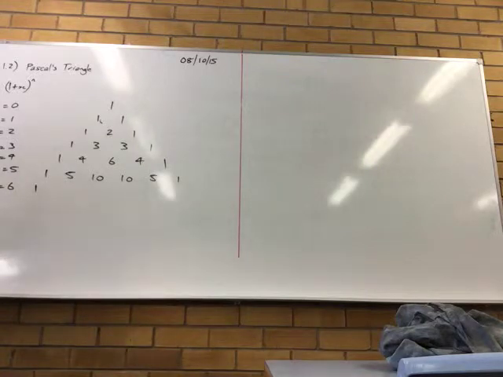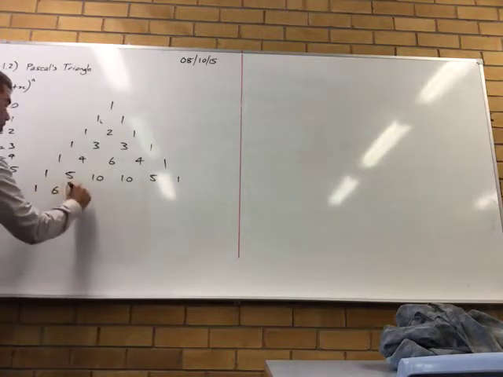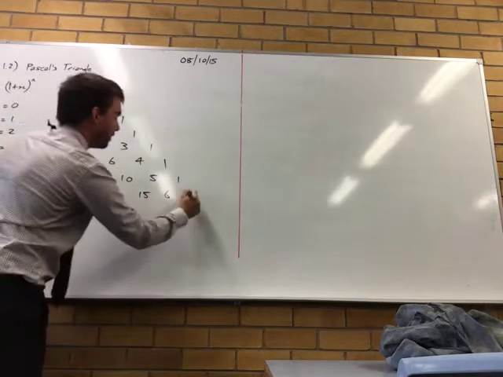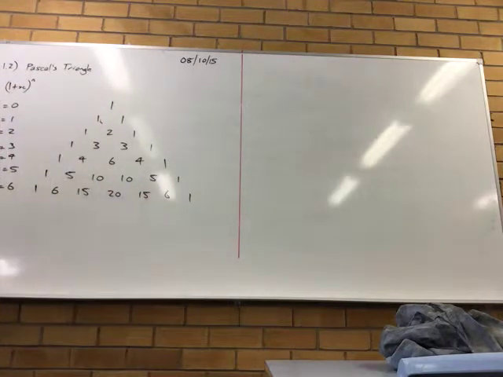Any ideas what the next number is going to be? 1, 6, 15, 20, 15. Good. Yep, see how that works?